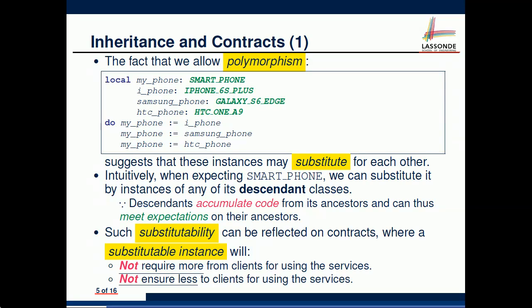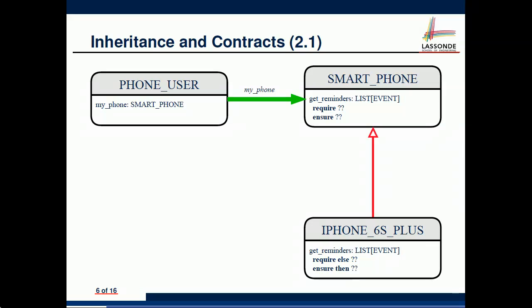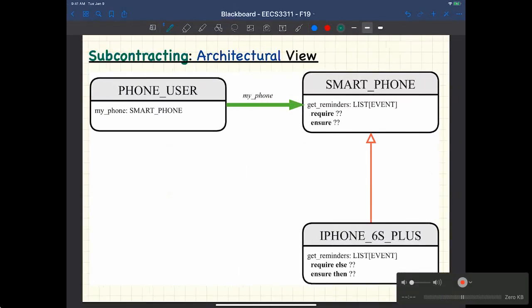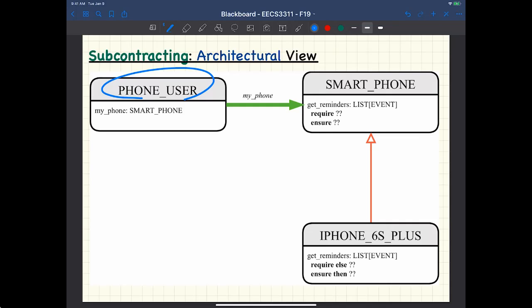Let's see some architecture before we go to a concrete example, and then we can have some discussion. Again, you have the client, which is the user of the phone. They simply say my phone. Of course, to be more precise, you're going to say plus over here. And then my phone is typed statically. So this is the static type, my phone.